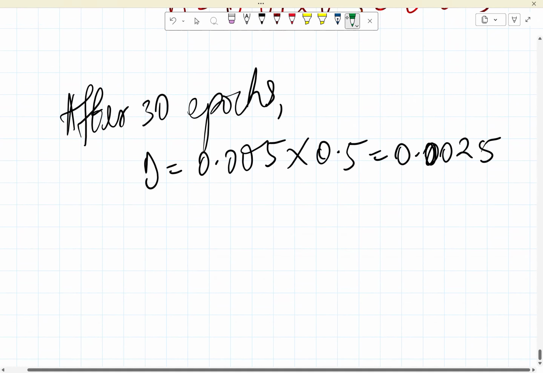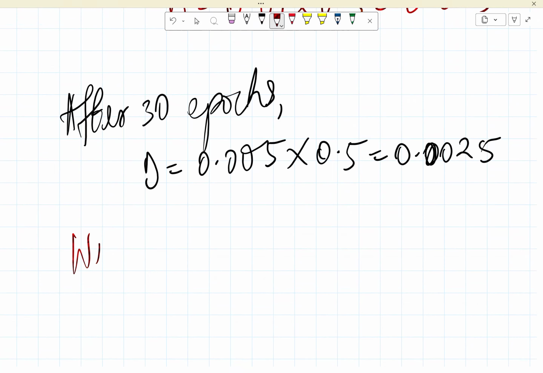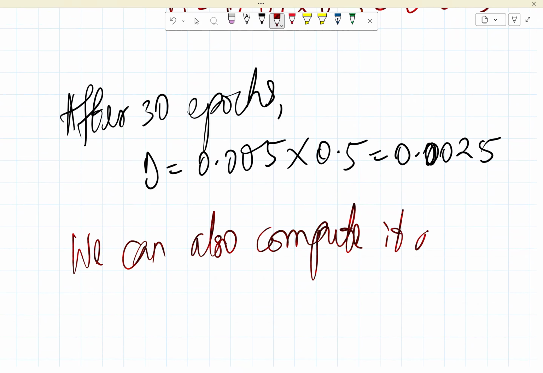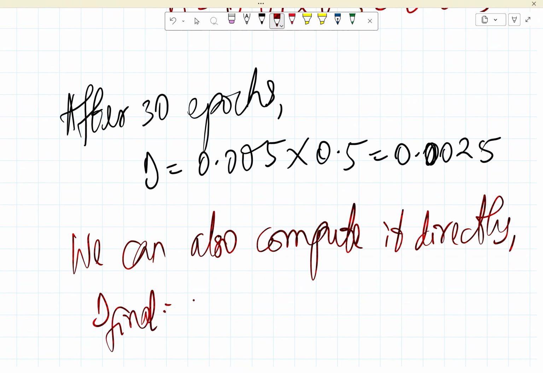We can also compute it directly. So eta final will just be the initial value, which is 0.02, times the reduction factor.